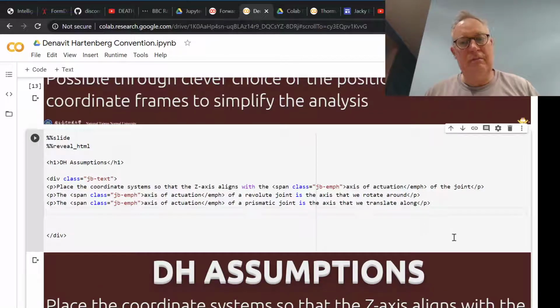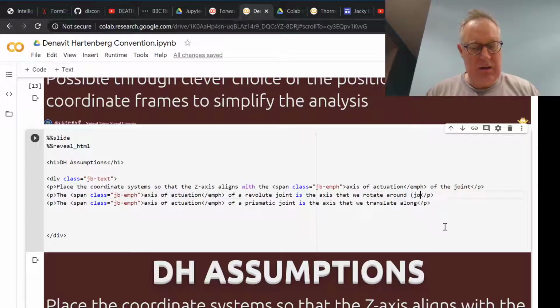So then, the joint variable is also associated with axis x.